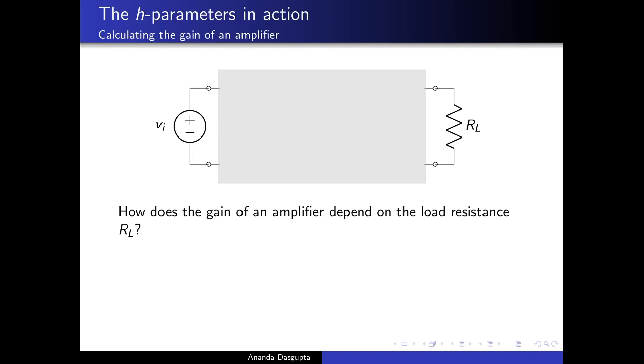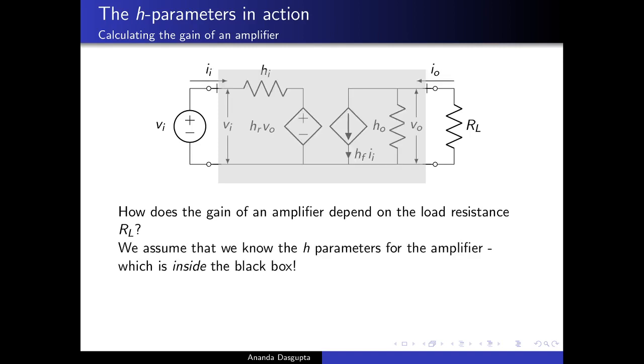And we are assuming right now that somehow we know the H parameter equivalence for this amplifier. For a given amplifier circuit, how to find the H parameter equivalence? That will, of course, be a major part of our discussion when we talk about amplifiers in general.